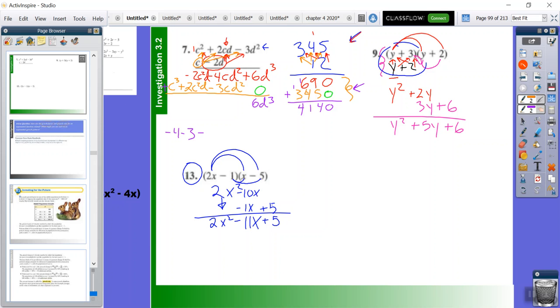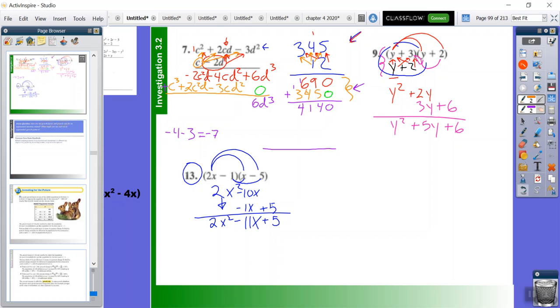Negative 4 minus 3 is negative 7, because we're at negative 4 and we're going 3 more in the negative direction on the number line. I thought it was negative 3 too. It is negative 3. So we have negative 4 minus 3. So here, I'll explain this a little bit further.